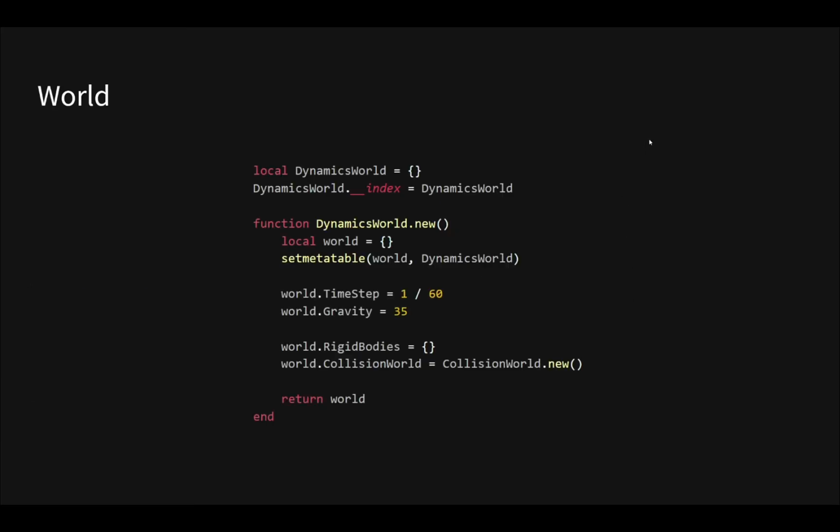All of these rigid bodies are contained in what I call a dynamics world. You could just call it a physics world or whatever you want. The dynamics world holds all the rigid bodies in an array, and it also defines some global configurations like gravity, and the time step, which I have set to 1/60th.